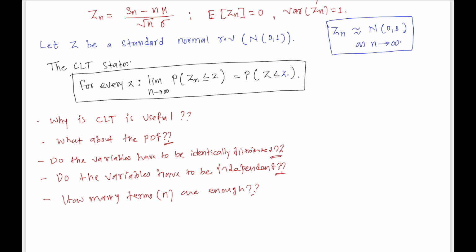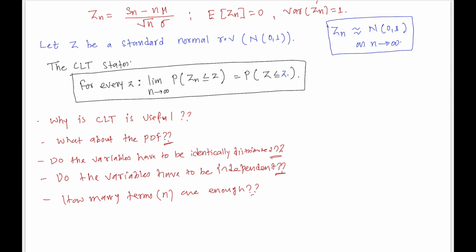Now we try to look at the convergence of this random variable, that is the random variable Zn, and this Zn is nothing but the standardized version of this sum of these random variables, the standardized version of this Sn, right? And as we increase the value of n, this random variable Zn tends to take the shape of the normal distribution.